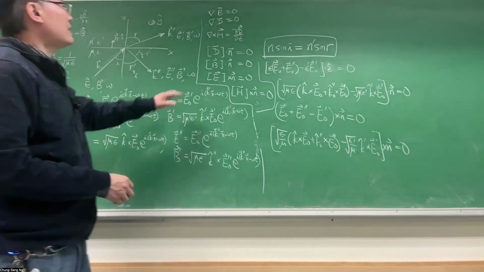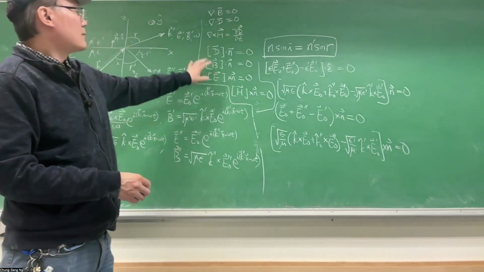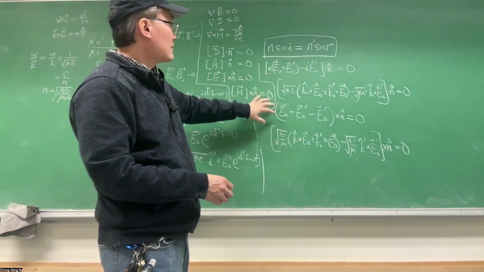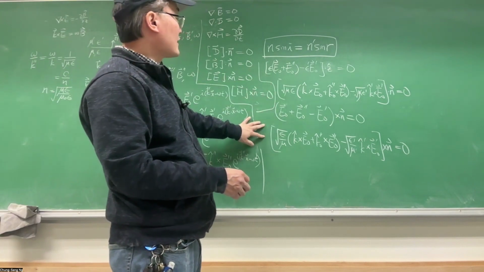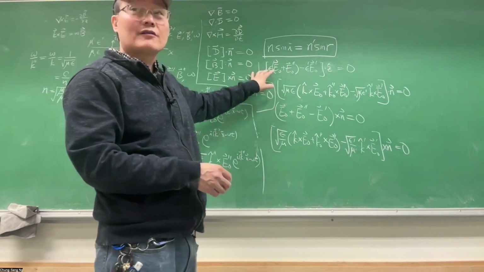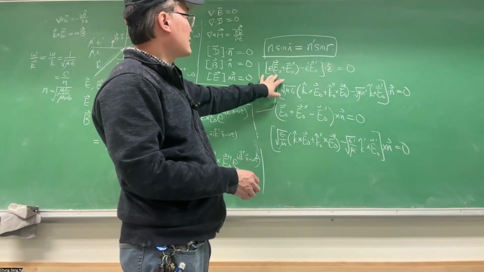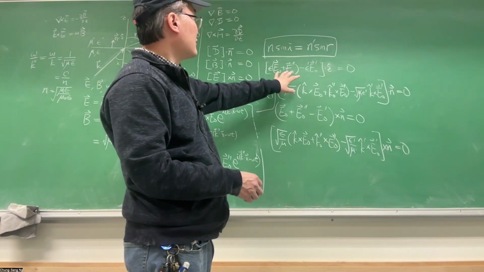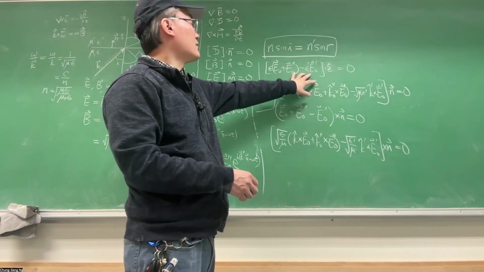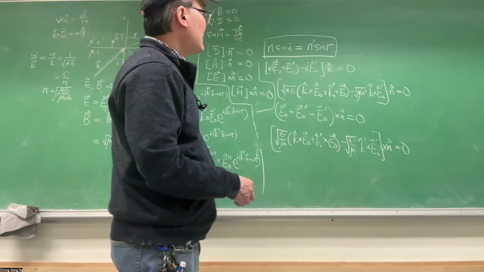So with these four boundary conditions, you can write out the explicit relationship between all these electric fields: the incident electric field, the refracted electric field, and the reflected electric field.